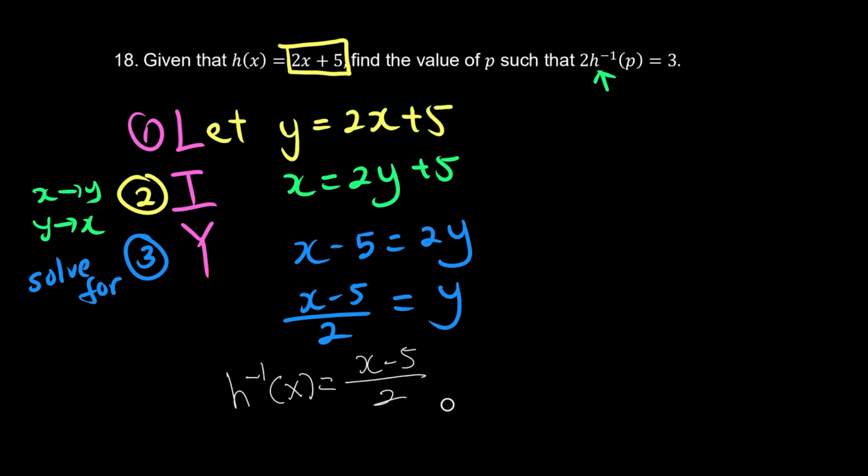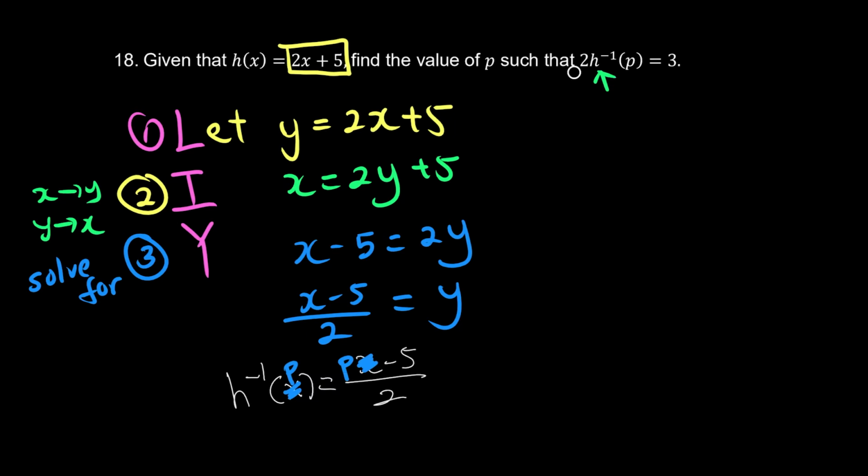So we have the inverse function now. What else do they want? They want the input to be p. Is it doable? Yes. Change the x to p. So we now have h inverse of p. What else do they want?